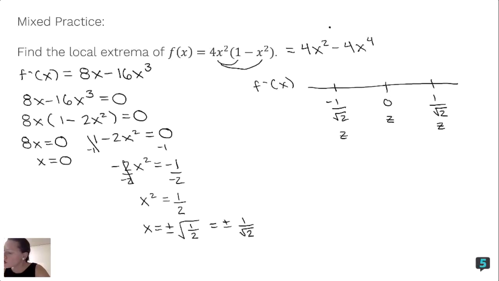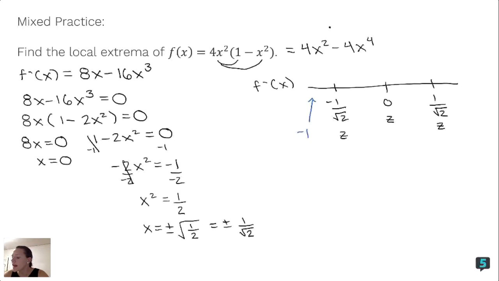What number would you want to plug in that is less than negative 1 over the square root of 2? Sounds good. I like negative 1. That's what I did on my paper.